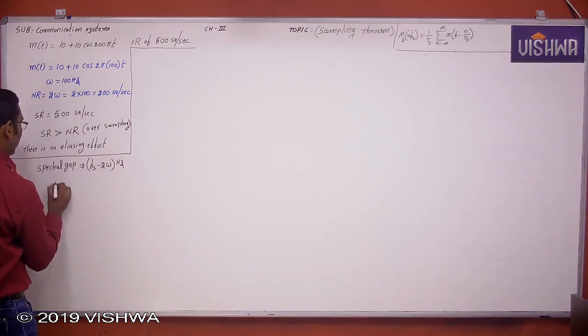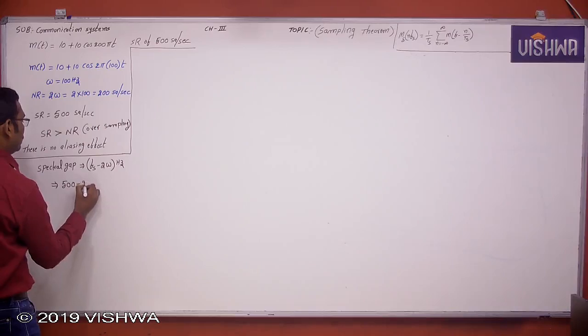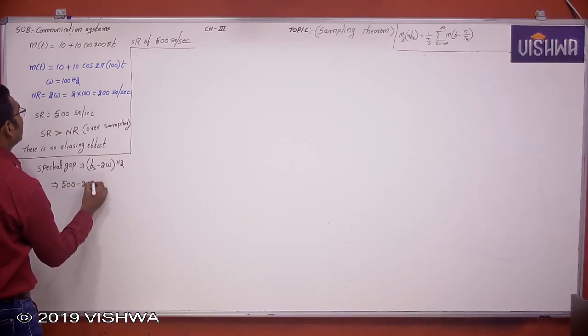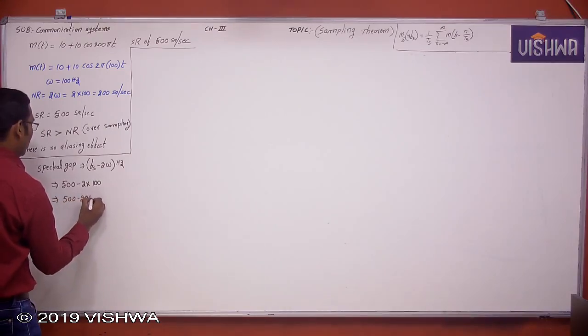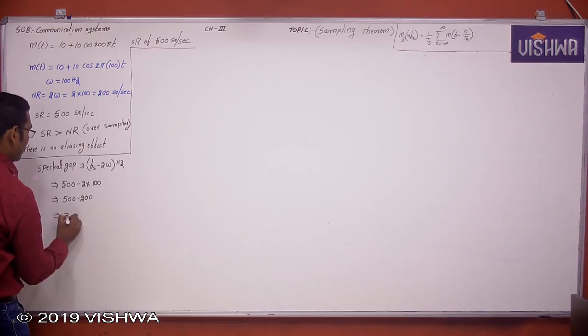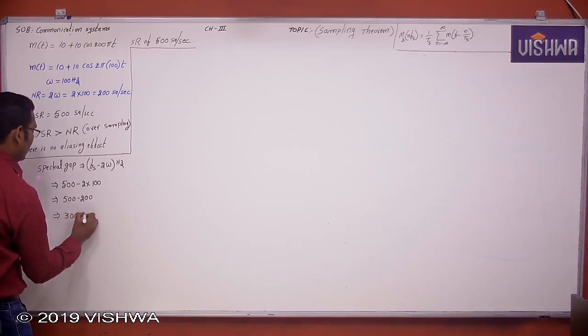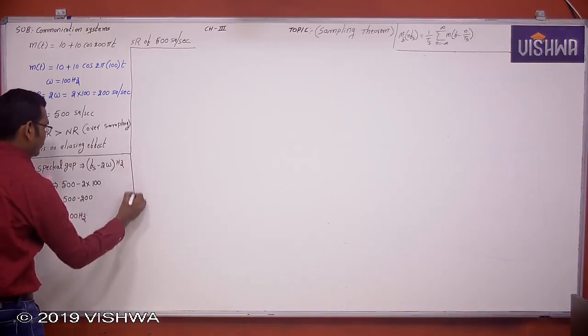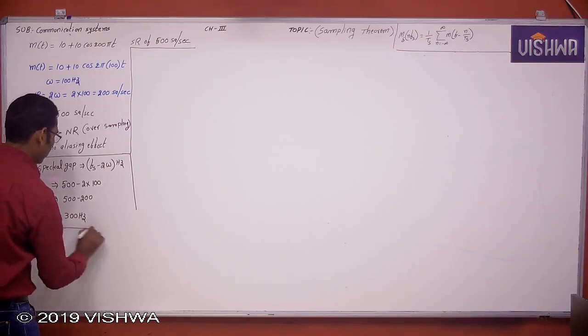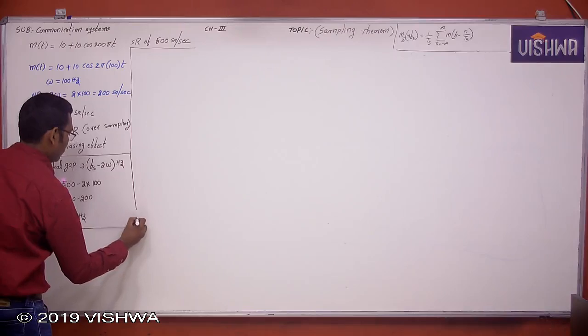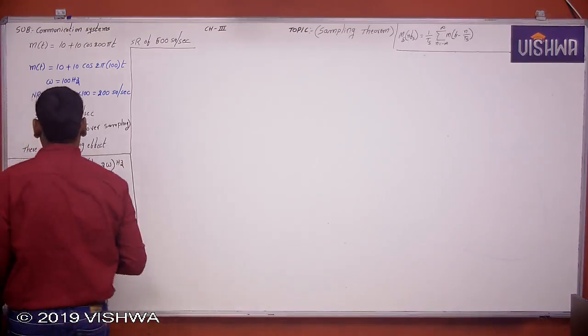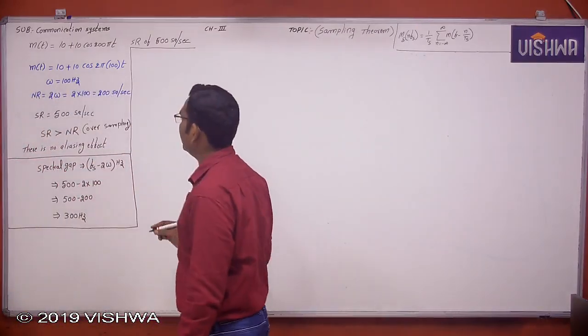Fs is 500 minus 2 into omega, which is 100, so 500 minus 200. The spectral gap is equal to 300 Hz, a guard band of 300 Hz.